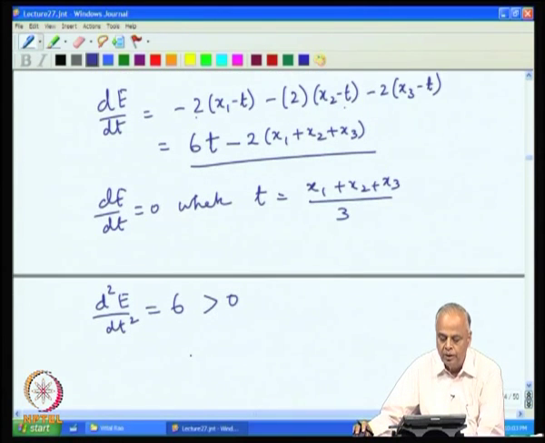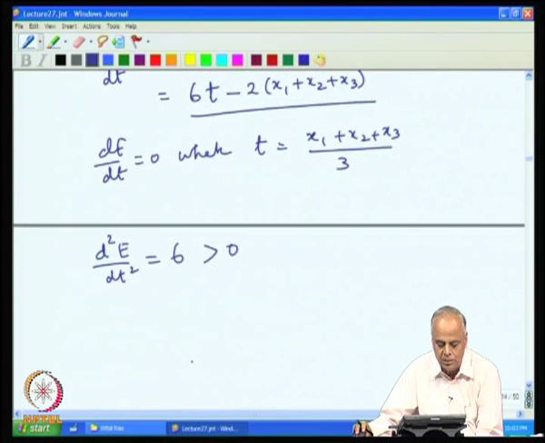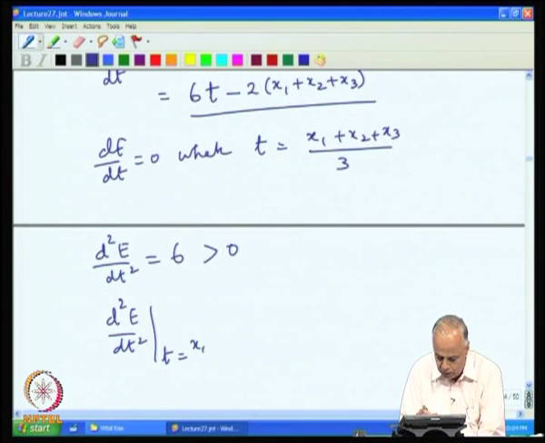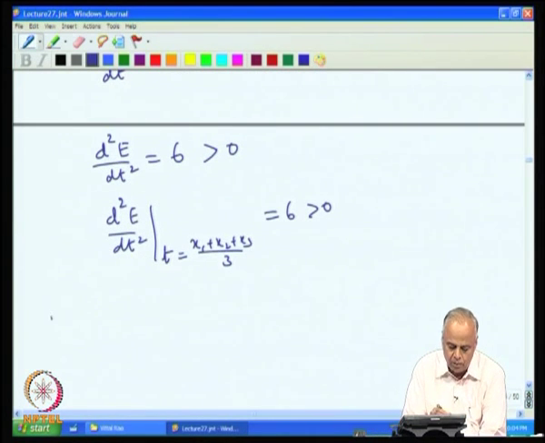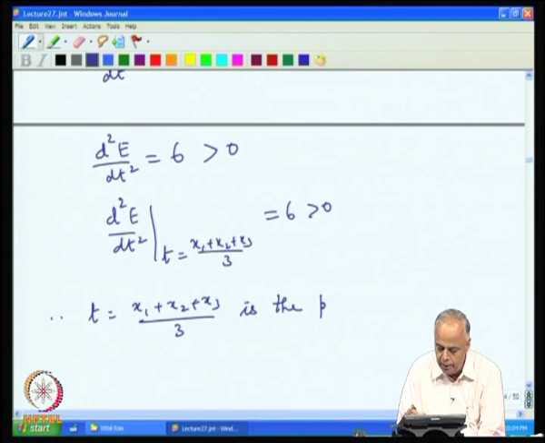Therefore, at the critical point, d²E/dt² is also 6, greater than 0, and therefore t = (x1 + x2 + x3)/3 is the point at which E(t) is minimum.